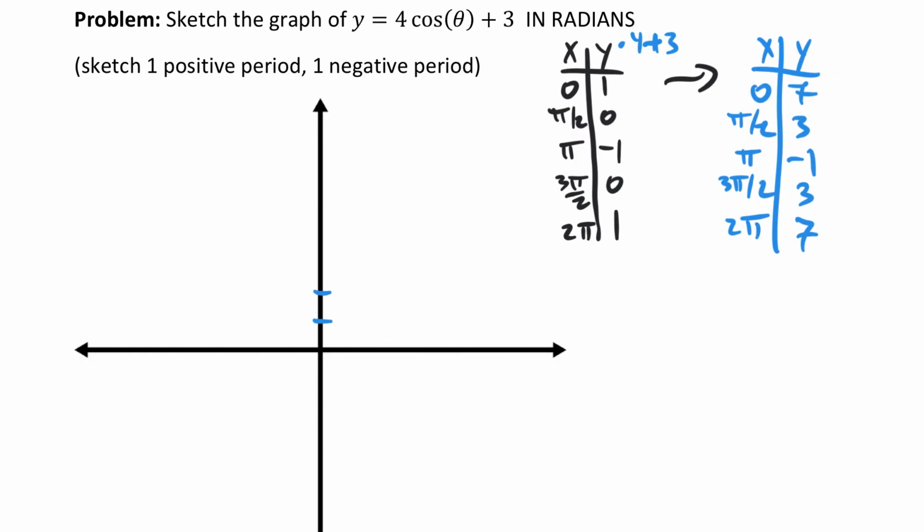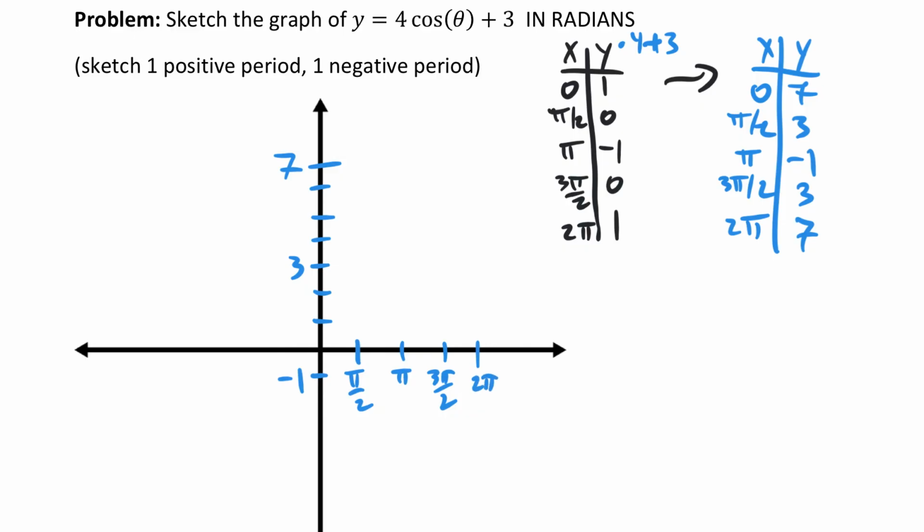Okay, 1, 2, 3, 4, 5, 6, 7. There's the top. There's the middle. There's the bottom. 1, 2, 3, 4. So this is pi over 2, pi, 3 pi over 2, and 2 pi.